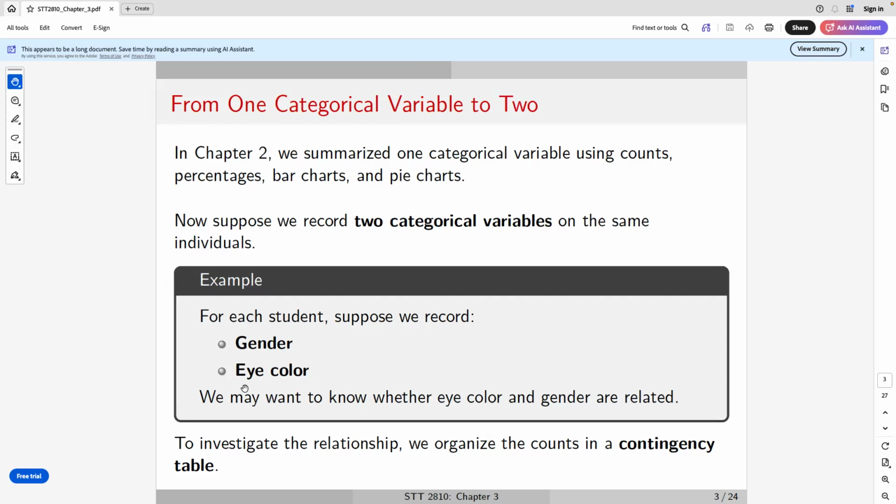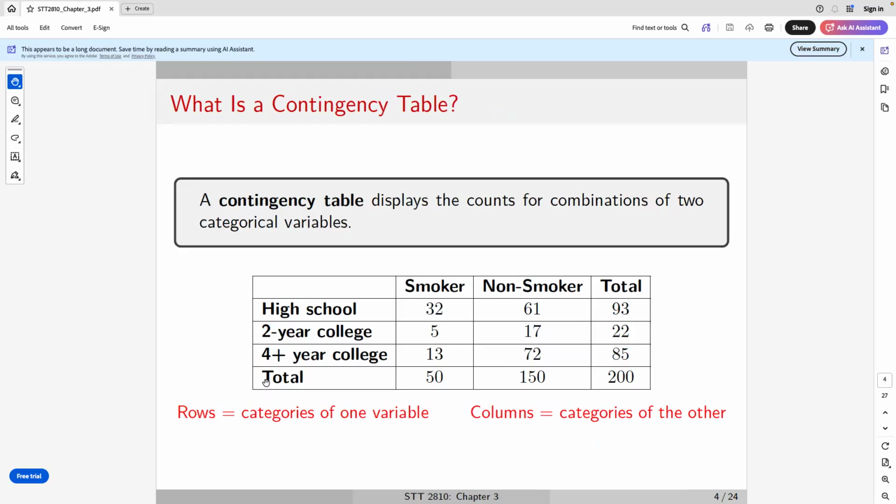To be able to do that, we can organize this in a table, and that table is called a contingency table. Essentially, a contingency table just displays the count for two categorical variables. So this table here is an example of a contingency table.